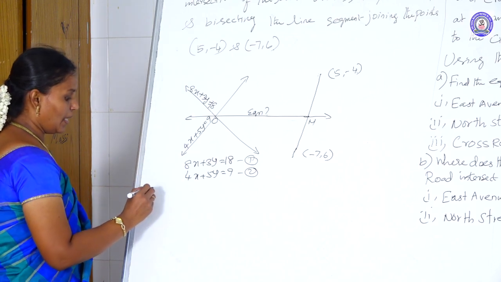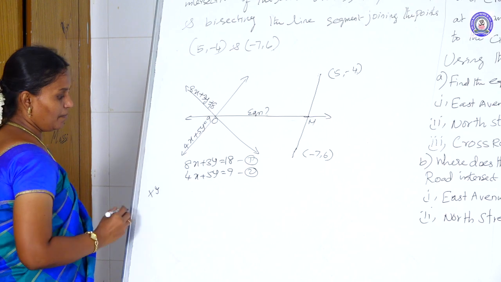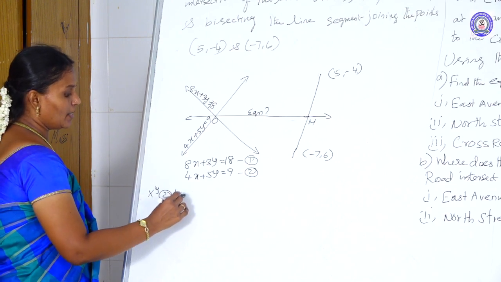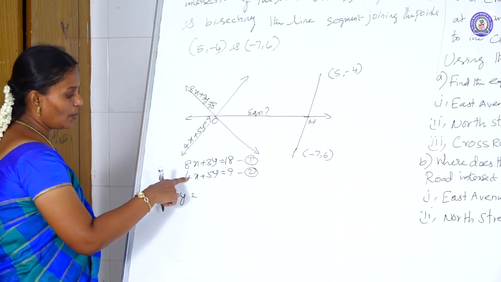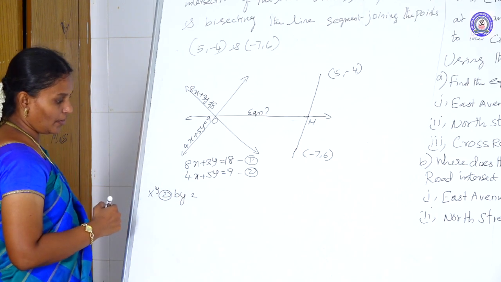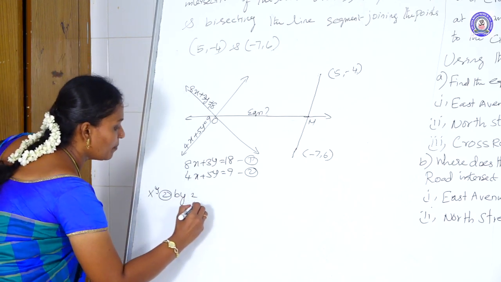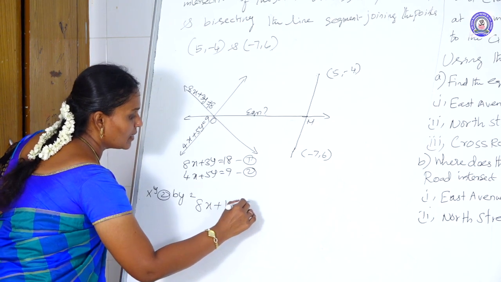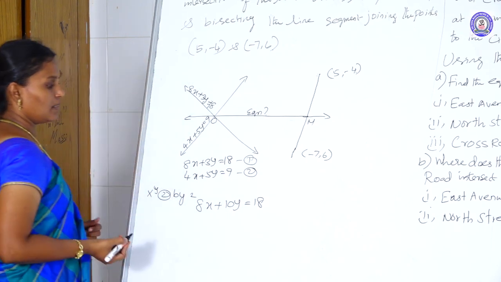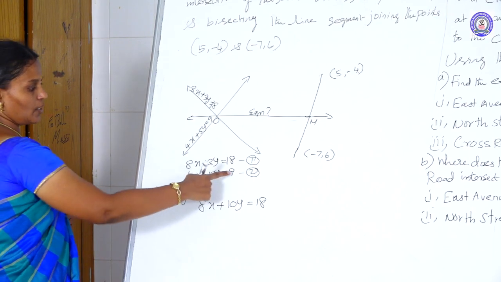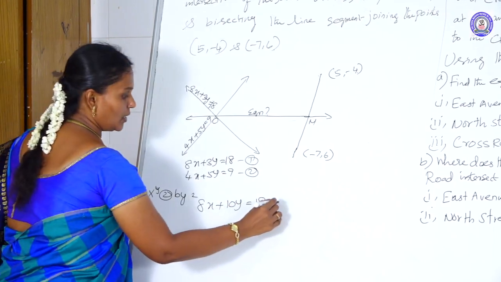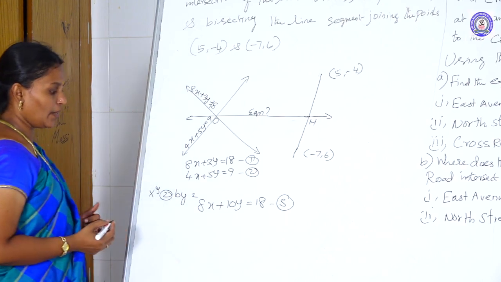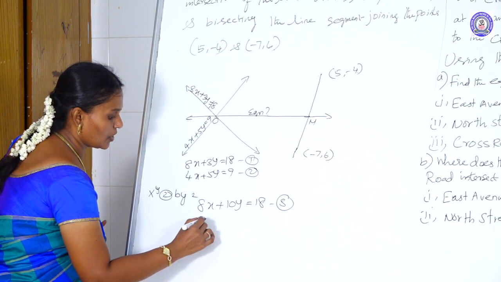So multiply equation 2 by 2. You get the coefficient 8. So multiply that: 8x plus 10y. This gives 18, so that is equal to 18. 9 2s are 18. You consider this equation number 3. Now take the first equation.